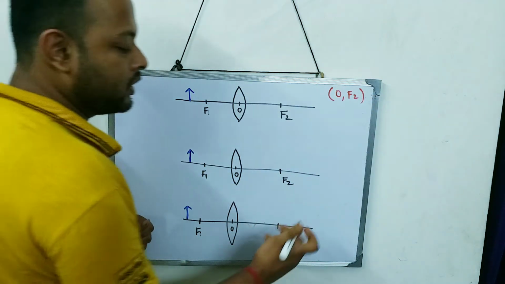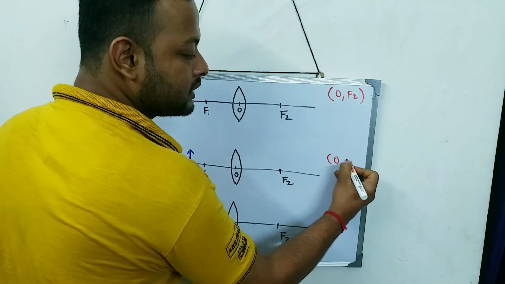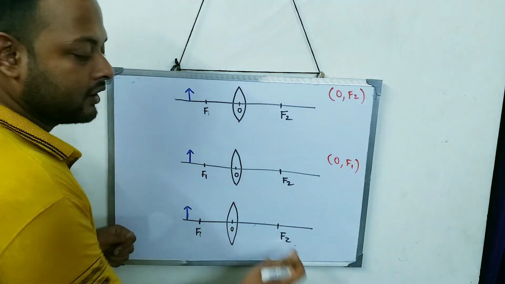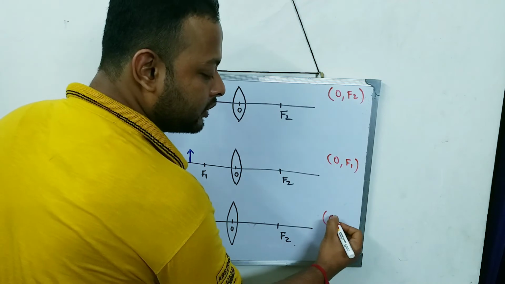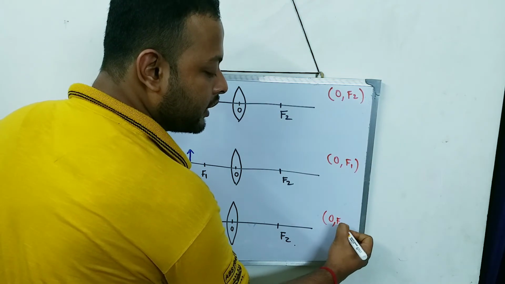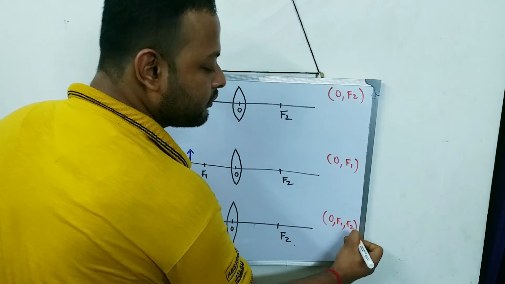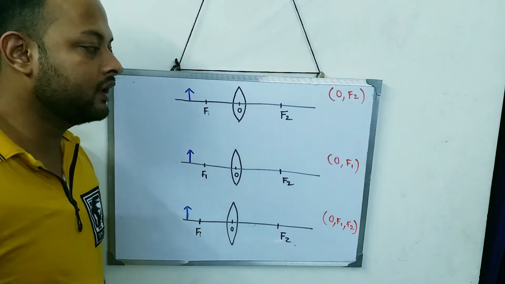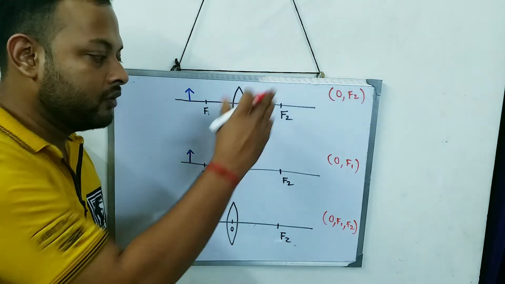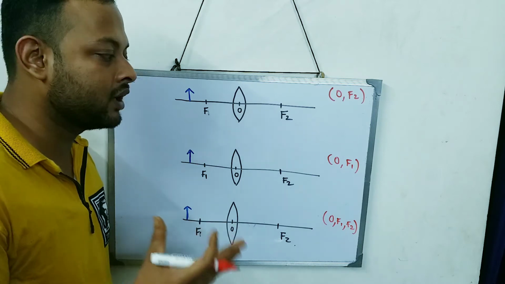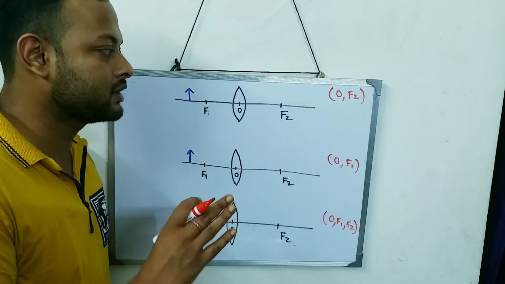In the second one, I will take two points, optical center and F1. And in the third ray diagram, I will take all three: optical center, F1 as well as F2. So we will take the three ray diagrams and try to understand the ray diagrams that will be forming over here.